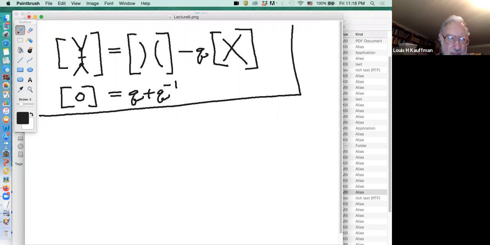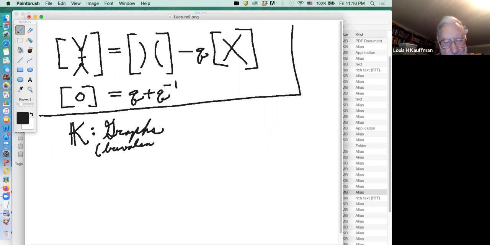And I'm looking at this and thinking along the lines of my old paper on self-linking number, and let's make a definition which corresponds to my thought. I'm going to define K, which takes graphs, meaning trivalent with perfect matching.